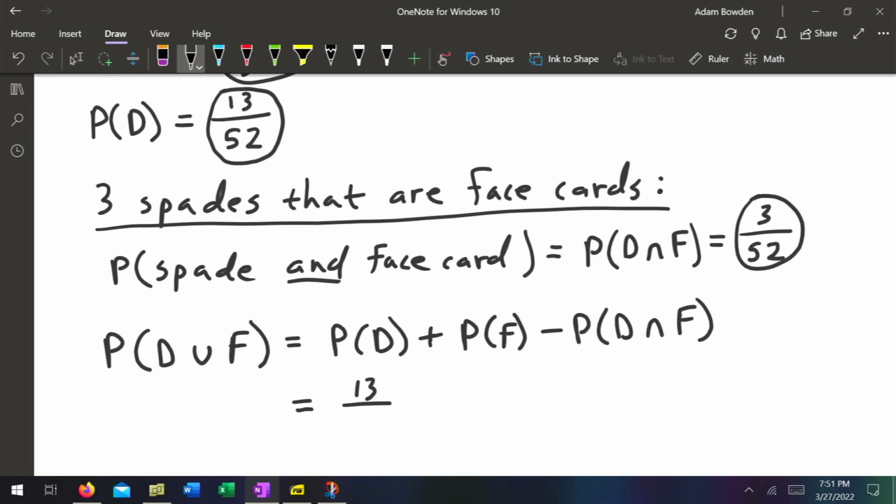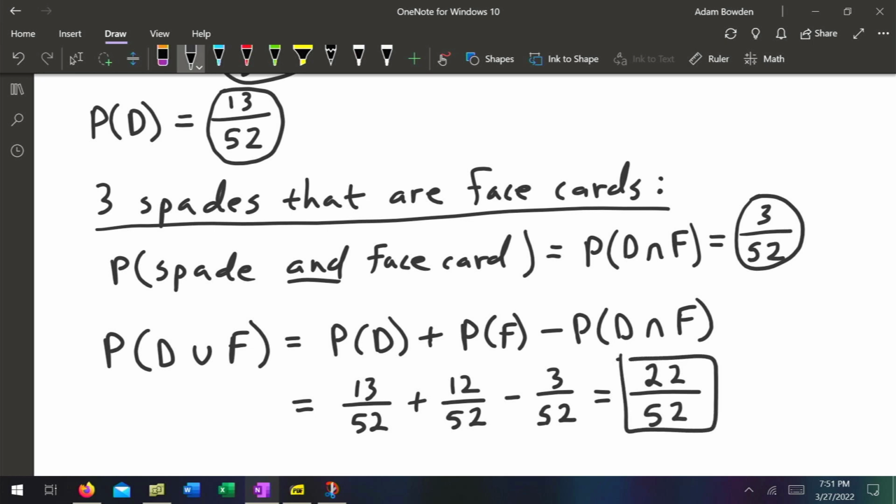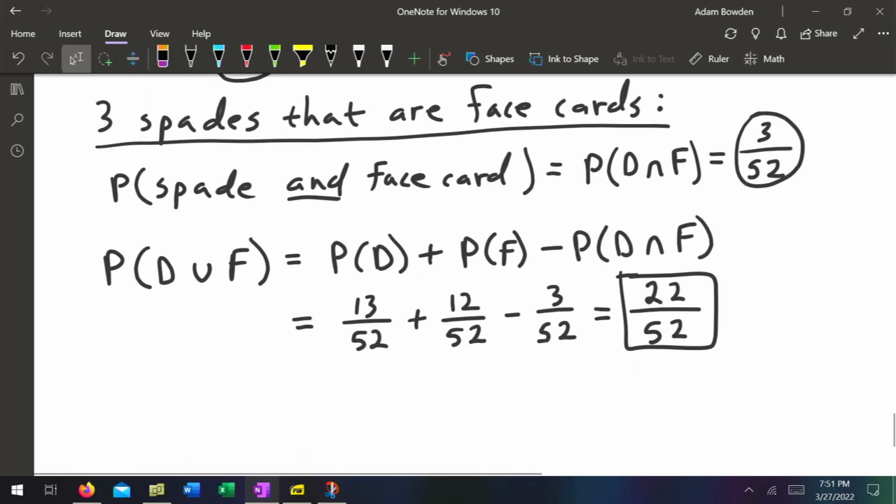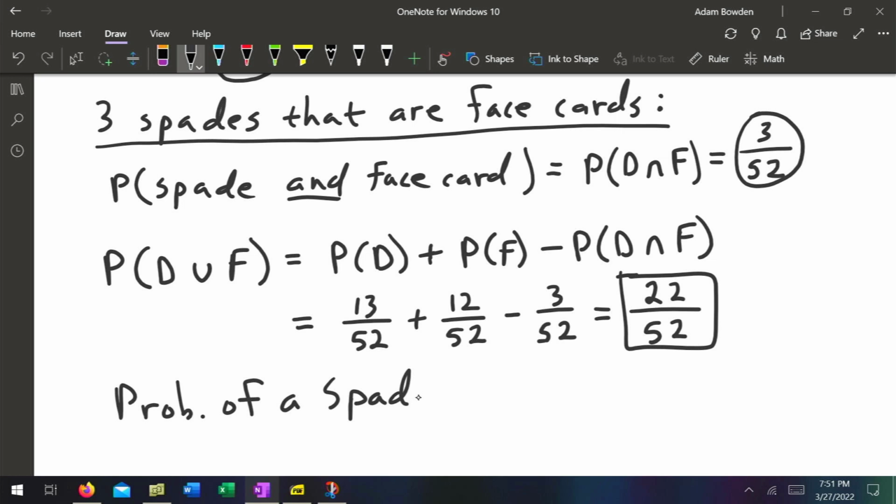That would be 13 divided by 52 plus 12 divided by 52 minus 3 divided by 52. Those all go together to 22 divided by 52. So what does that number stand for? That's the probability of drawing a spade, or, because it's union, or a face card.